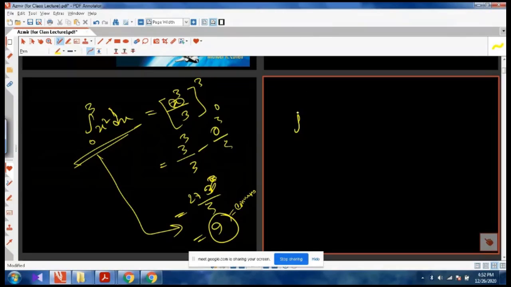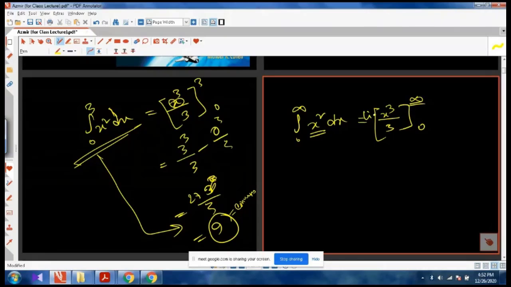Let's say we have an improper integral, integration from 0 to infinity of x squared dx. If we try to solve the same way, the integration of x squared is x cubed over 3, upper limit infinity, lower limit 0. Actually, this is not the proper way to solve this one.